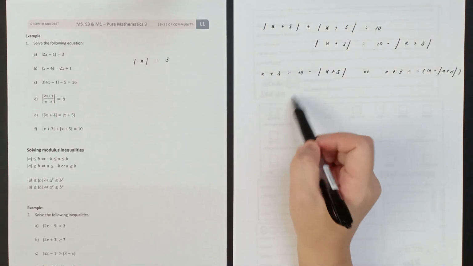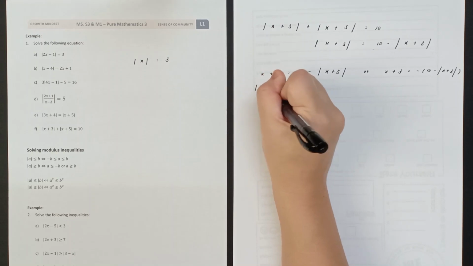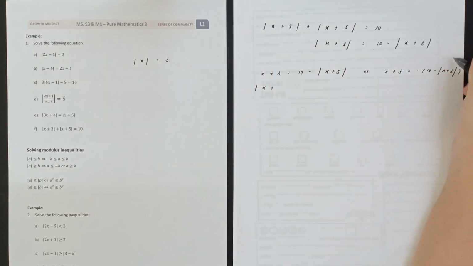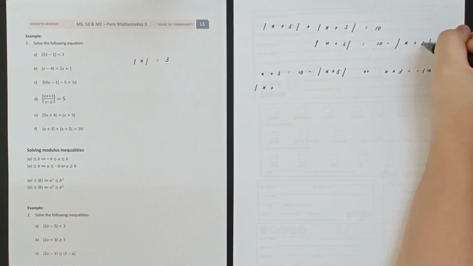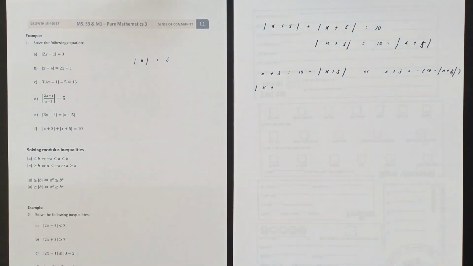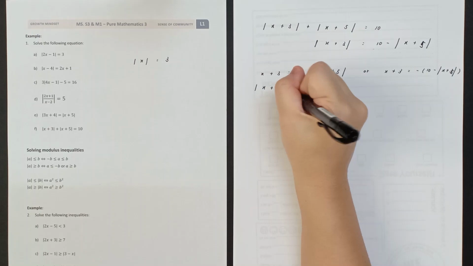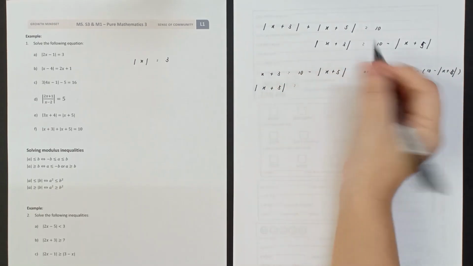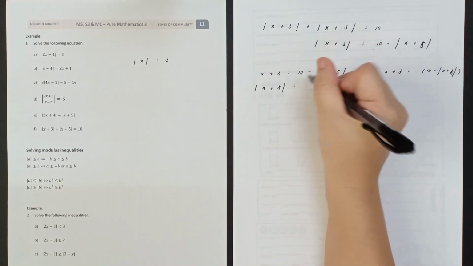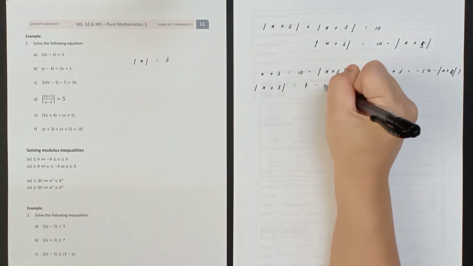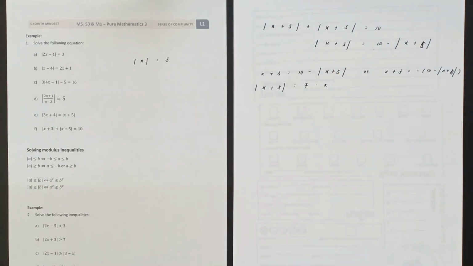So I'll continue to solve it. Maybe I'll switch this around. Modulus of x plus 5, sorry, this is 5. Why do I write 3? Okay, so I'll continue. Modulus of x plus 5 equals, when I shift it here, 7 minus x. How should I continue? Now I have the other modulus again, so I continue to do the same process, meaning I split it again.